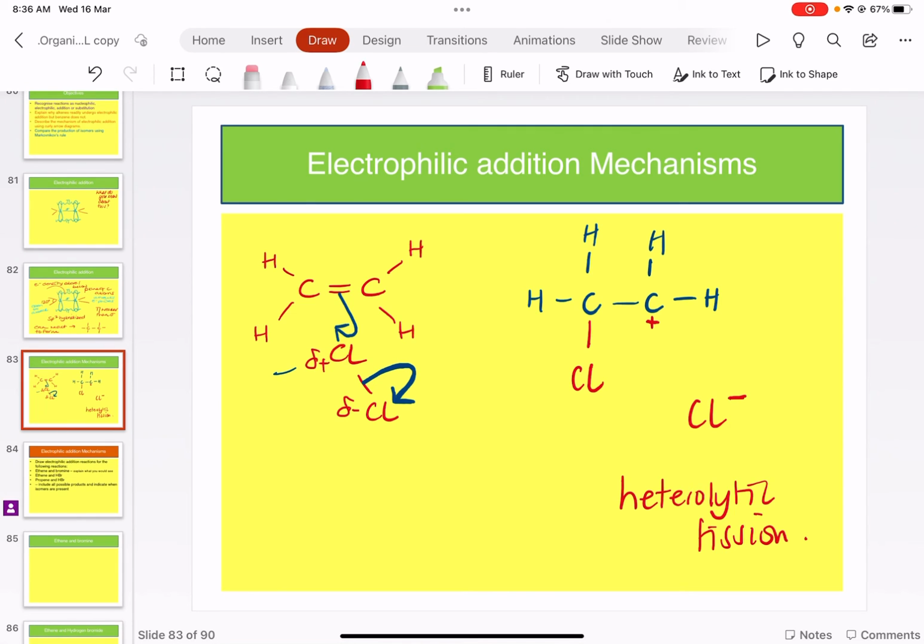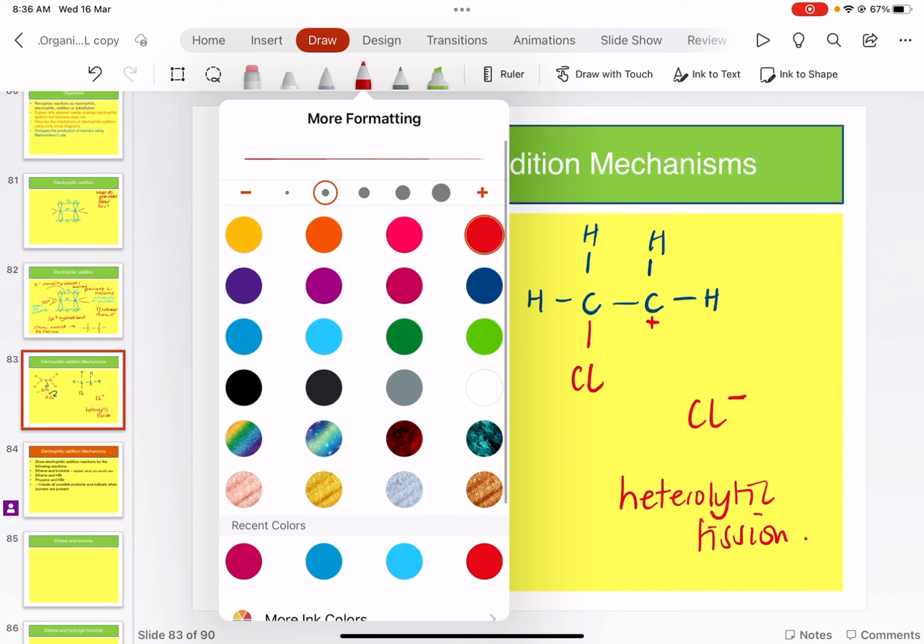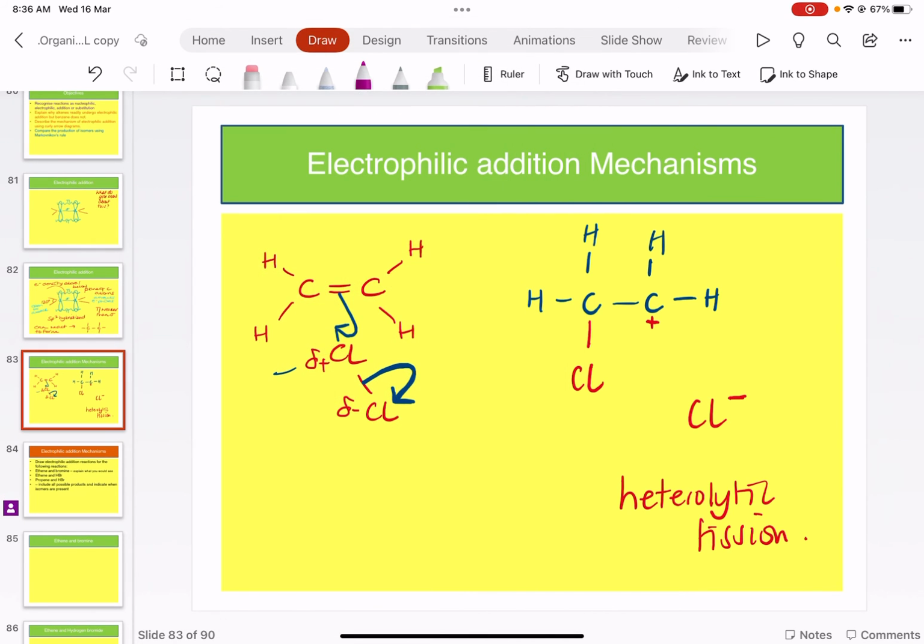So the next thing that happens is I've got an area of positive, I've got an area of negative. So the last stage will be that the electrons then move from the chlorine and in to that positive carbocation. Once they've done that, then what we end up with is what we had earlier, but now with an additional chlorine. So because we had two chlorines, it was a Cl2, both of the chlorines have attached across the double bond on either side.